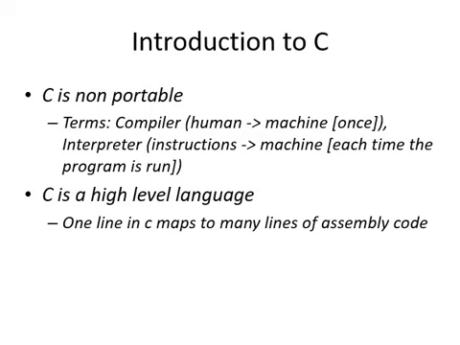Then, when it comes to the introduction, C is a non-portable language. Why do we say it is non-portable? It is a compiler-based language, where the complete program is converted at once, whereas an interpreter converts the program line by line each time the program is run.